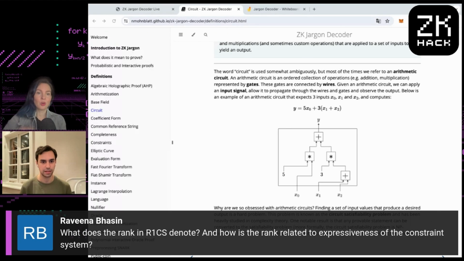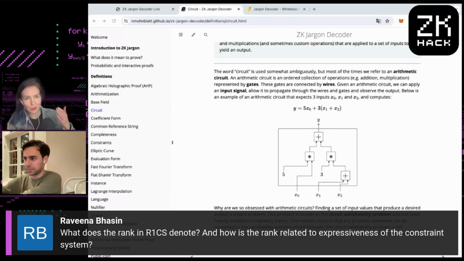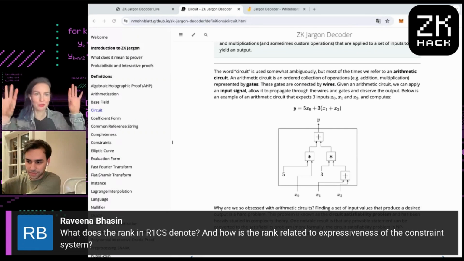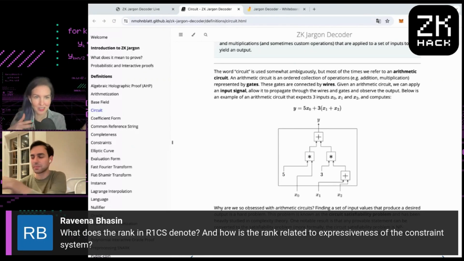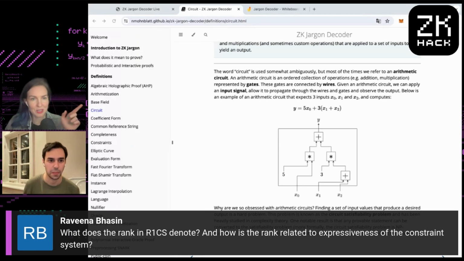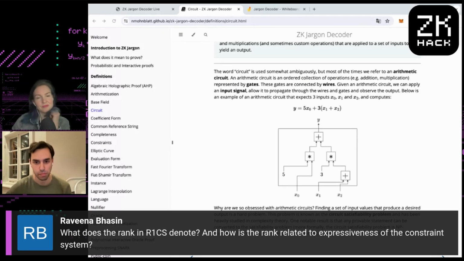Okay, this is one that goes back to the circuit question and AIR. What does the rank in R1CS denote? When I mention AIR, it's a different format. I think of R1CS and AIR as two flavors. You're going to choose one depiction or the other, though you can move between them. But in this case, we're looking at R1CS, Rank 1 Constraint System.